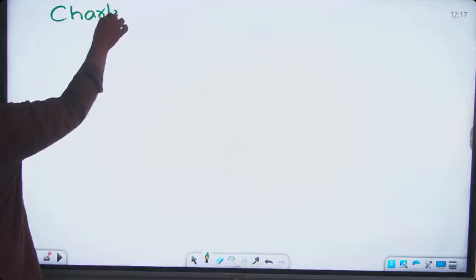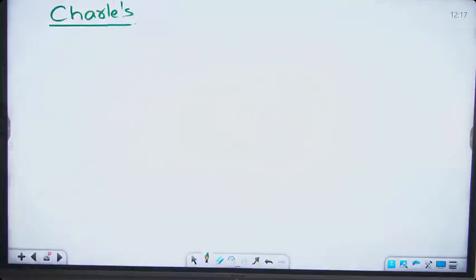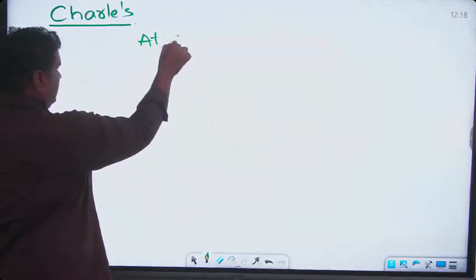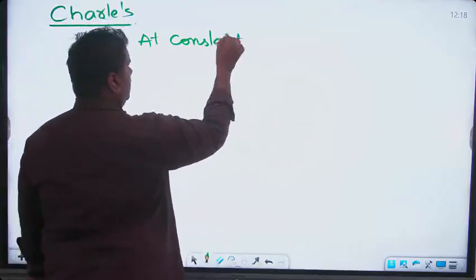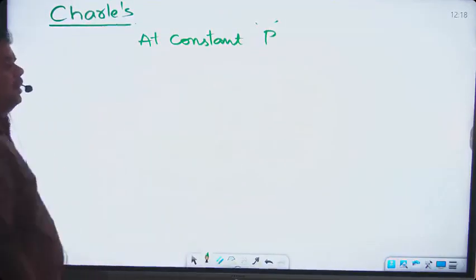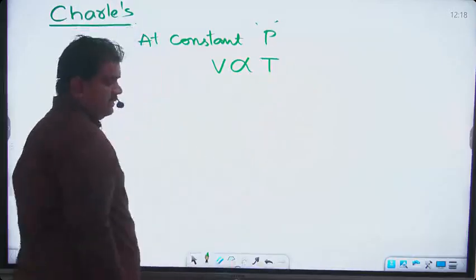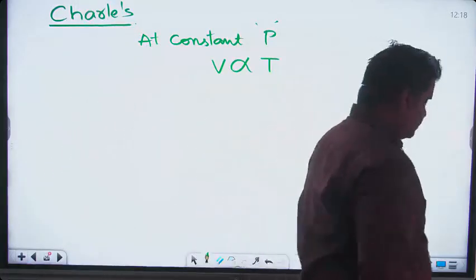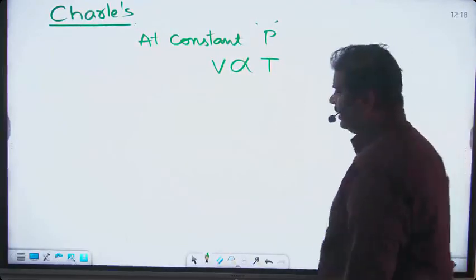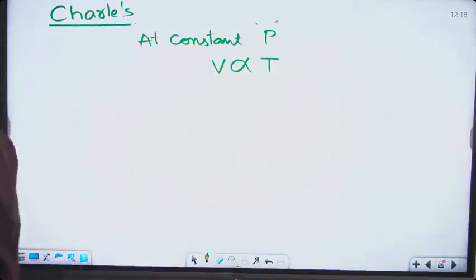Then you talk about the case of Charles law. So according to Charles law, at constant pressure, the volume occupied by any gas is directly proportional to absolute temperature.